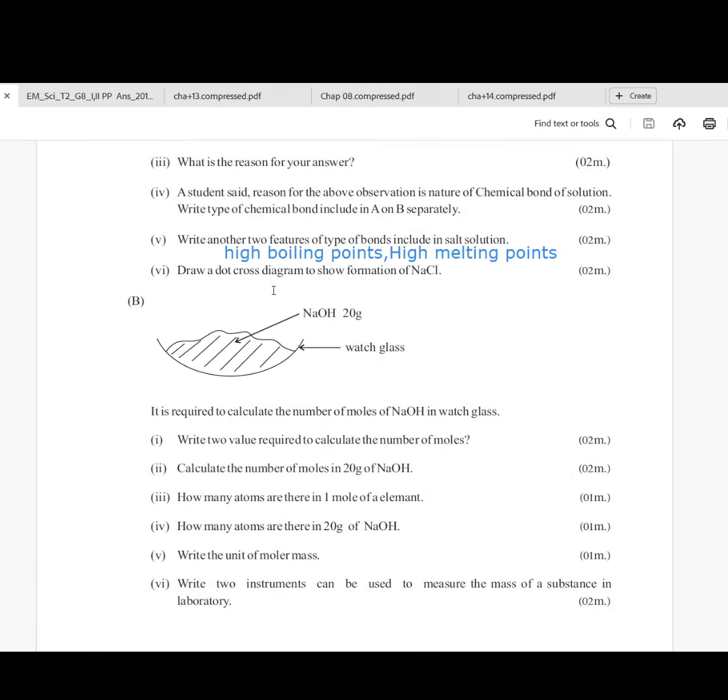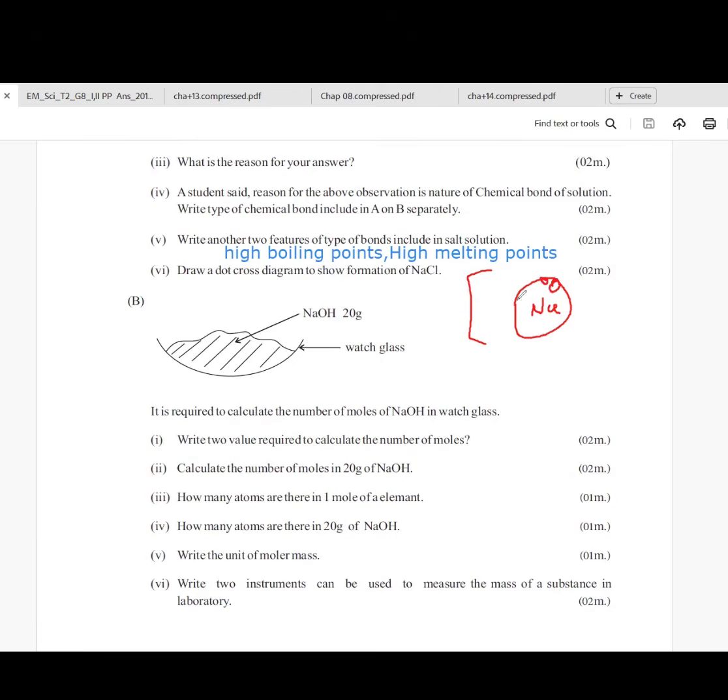Draw a dot cross diagram to show formation of NaCl. Here you have to draw the dot cross diagram of this ionic compound. Inside a large bracket, you have to draw the sodium. Around sodium, now it contains 8 electrons after it becomes an ion.